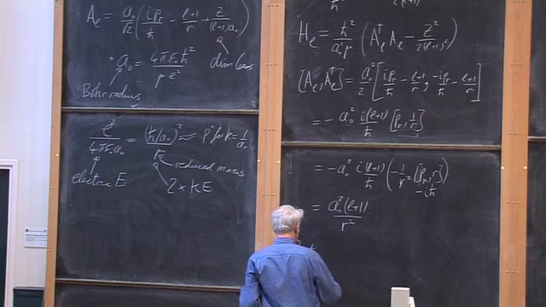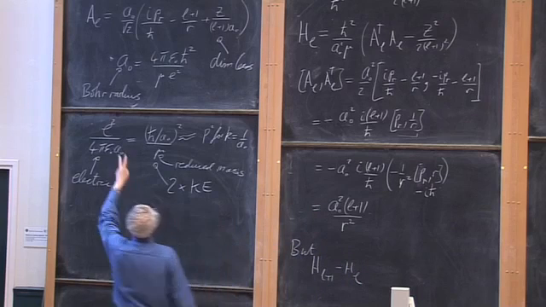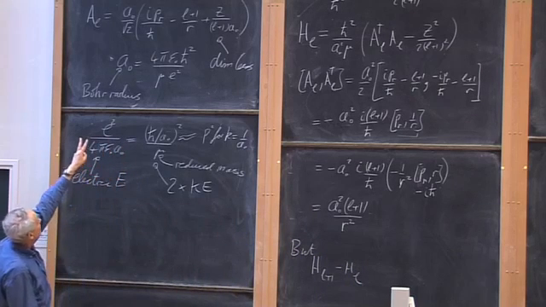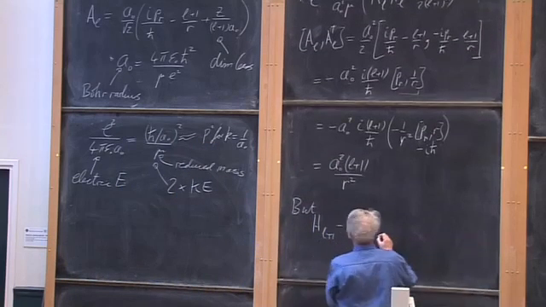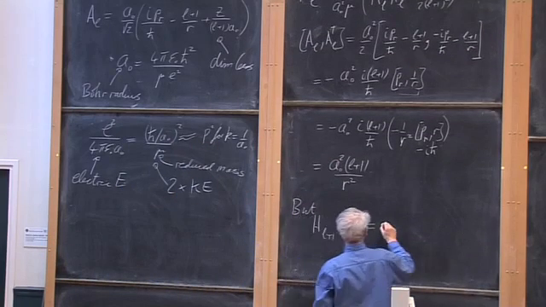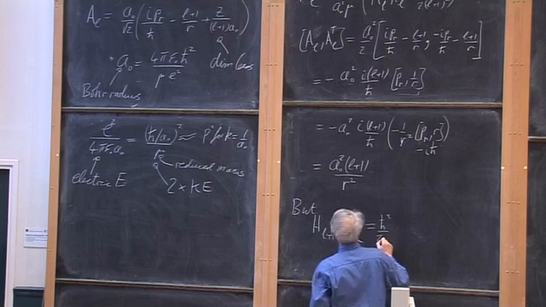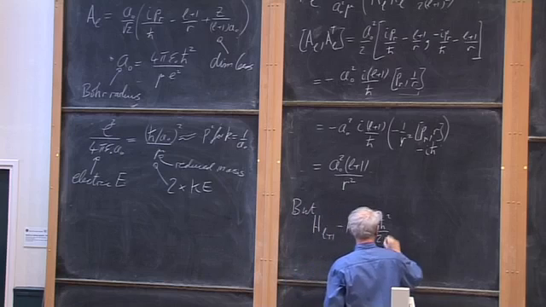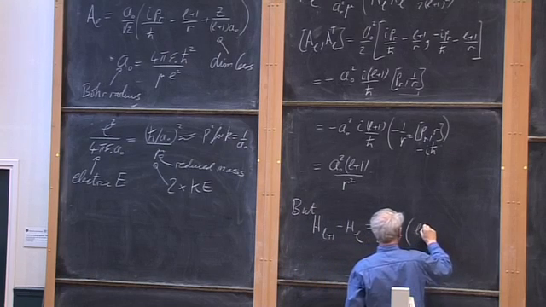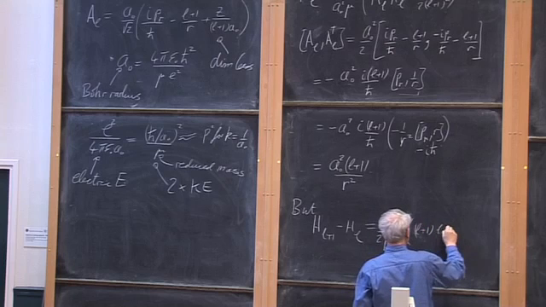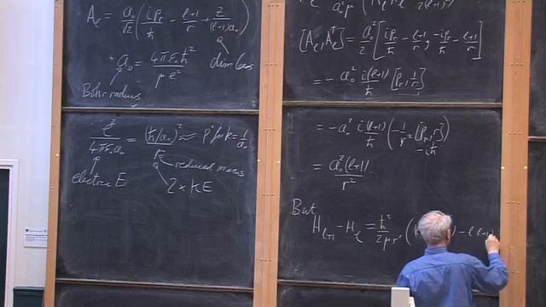I would take H_{L+1}, and from it I would take H_L. Then everything in the Hamiltonians would cancel except that middle term, which has the right form. Namely, it contains a 1 over r squared. And what would we have? We'd have h bar squared over 2 mu, I think, r squared, brackets (L+1)(L+2) minus L(L+1).